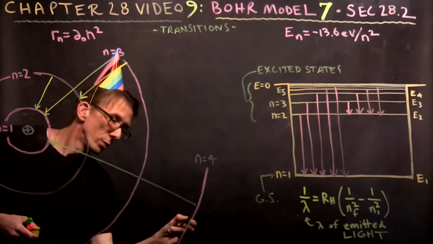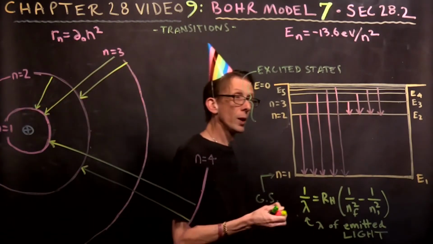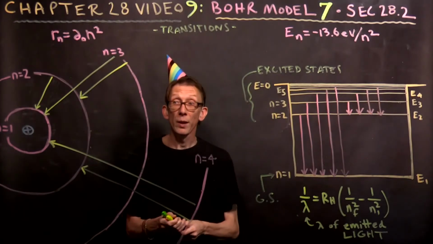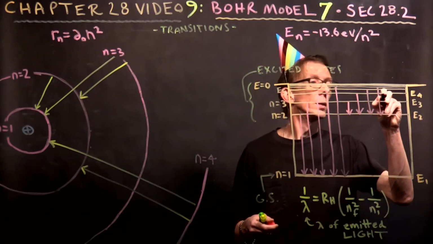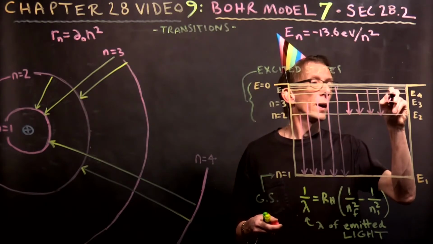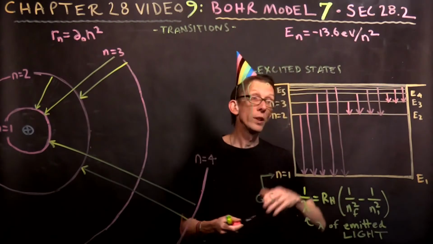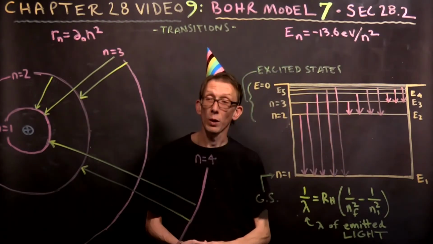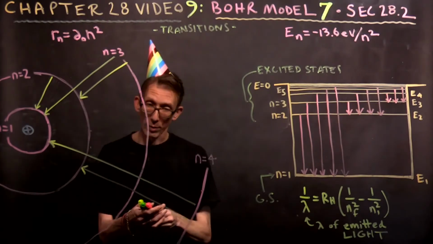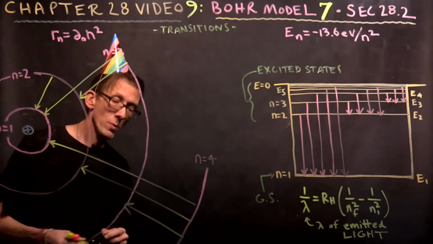Our 4 to 2 would be right there. We also have transitions that end at 3, right? From 4 to 3, 5 to 3, 6 to 3, etc. And we can go on up. And we can also draw here our n equals 4 to 3 transition right there.